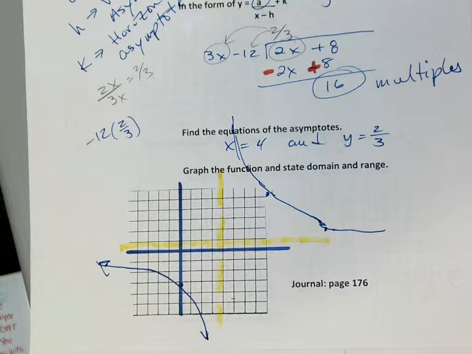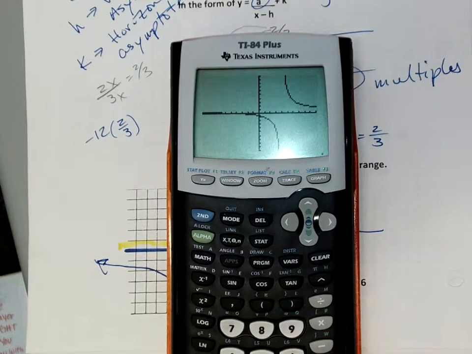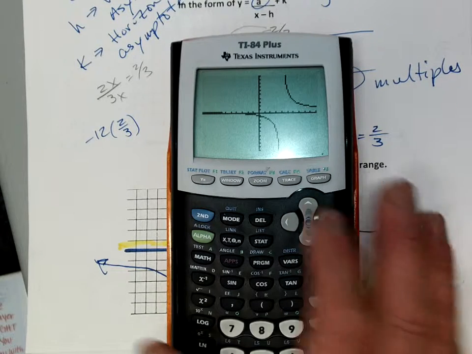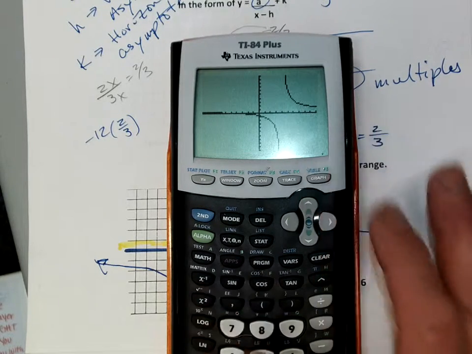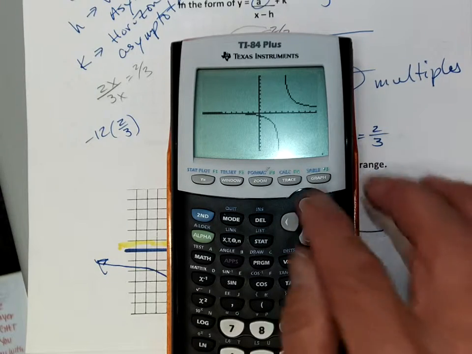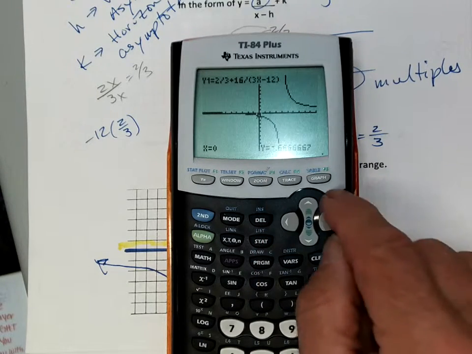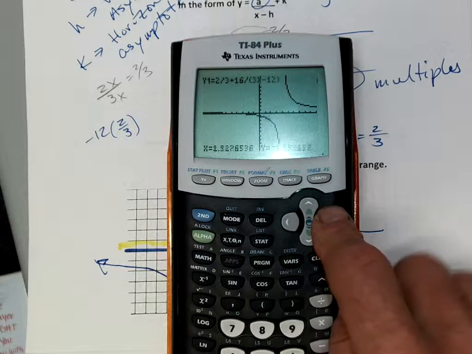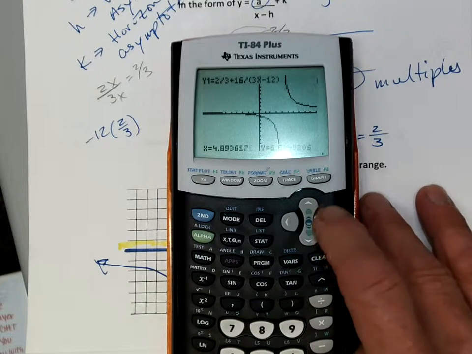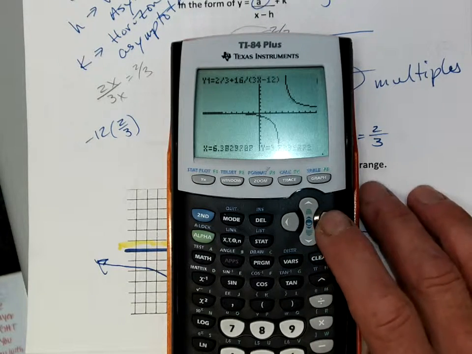All right? And if you had a halfway decent calculator like Callan does, you still can't get the horizontal asymptote too easily, can you? One thing you could do, you want to see one little trick? If you go to your trace button, watch the trace button and watch the corresponding y value.